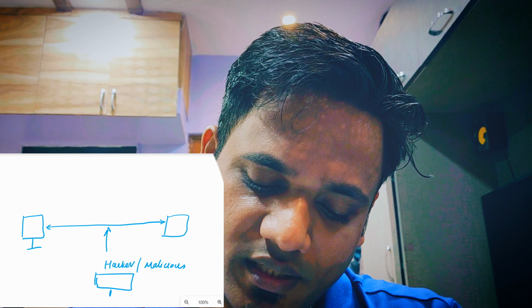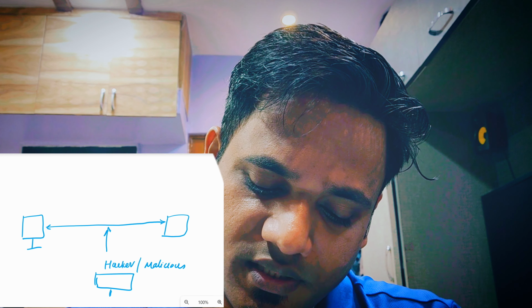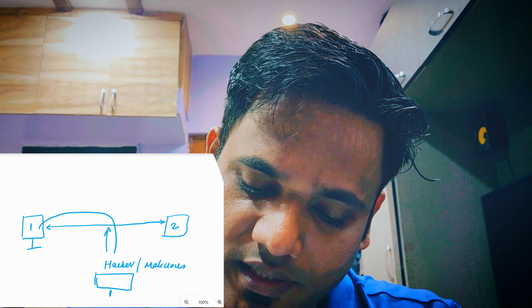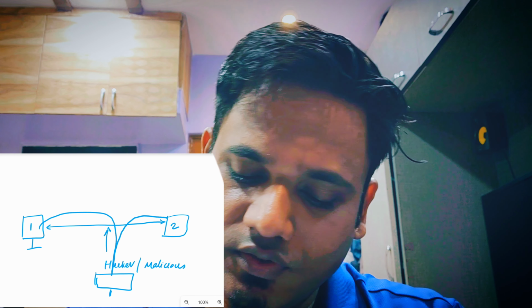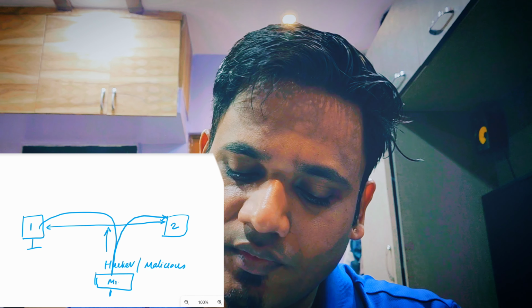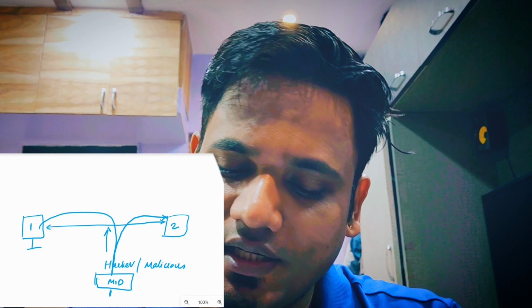So your data, which was earlier transiting from one PC to the other, is not transiting like this, right? This is called a man in the middle attack, and this man in the middle is intercepting your data.